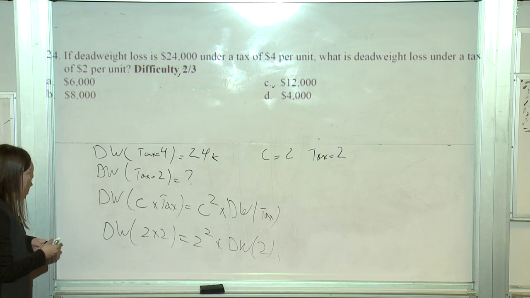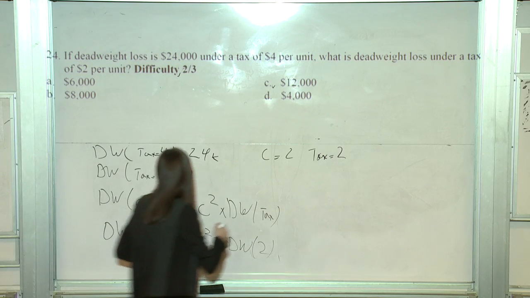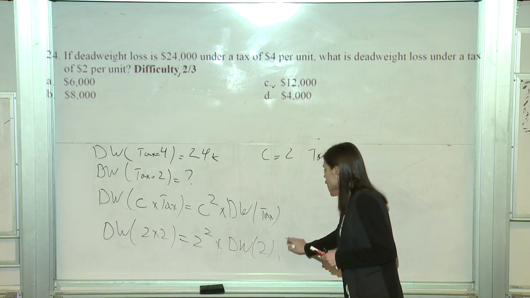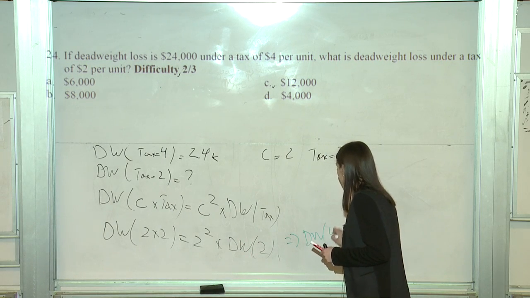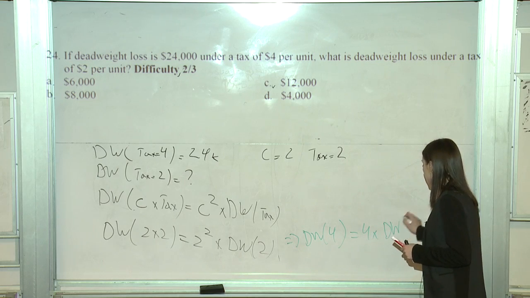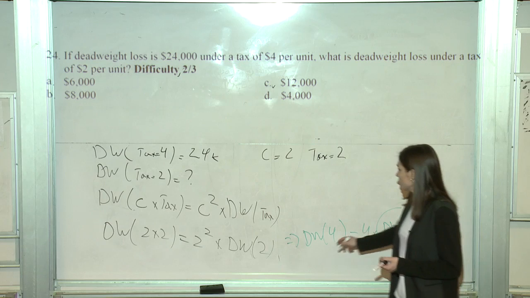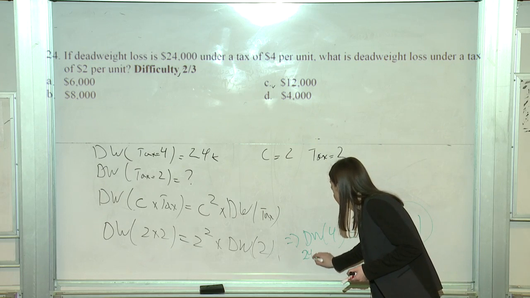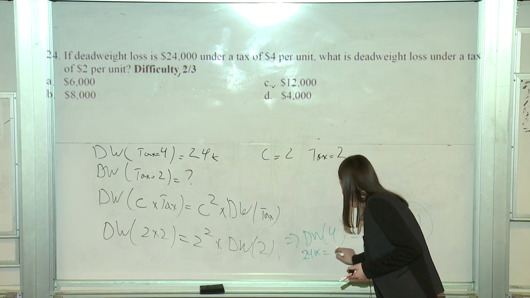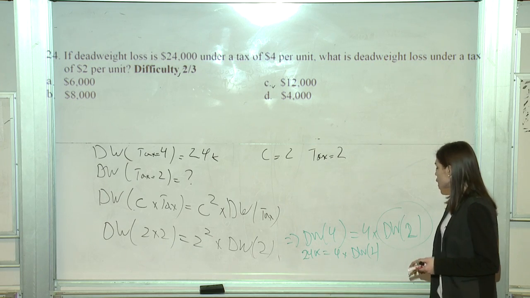So I just substitute now. The deadweight loss at 4 equals 4 times the deadweight loss at 2, and this is what I'm solving for. 24,000 equals 4 times the deadweight loss at a tax of 2.